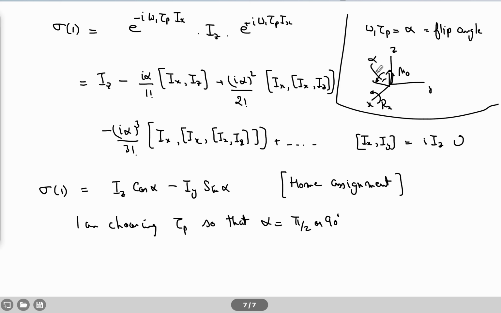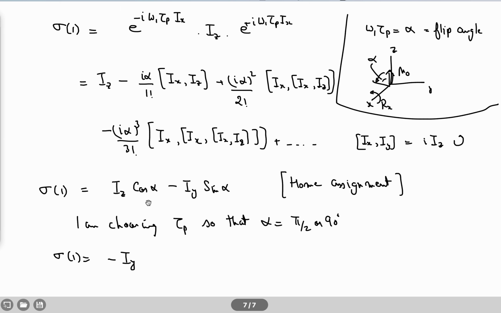So that means the magnetization is flipping down to the transverse plane. So if I do cos 90 will be 0, sin 90 will be 1, so sigma 1 will become minus Iy. And now it is very clear how rotation about x-axis, because the pulse phase was x, takes M naught to minus y-axis, right? Okay, so sigma 1 we have calculated.